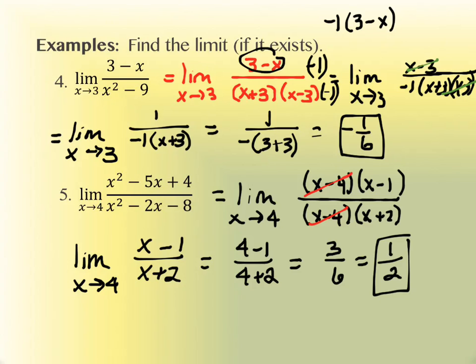Any questions on that? Okay, the next one's, yes. On like the original, Number 4? Yeah. Well, I guess it kind of goes for both, but would the point 3 still exist on the graph? There would be a hole in the graph there. Okay. So if you were looking at a graph like in your calculator, it would look like it was there.